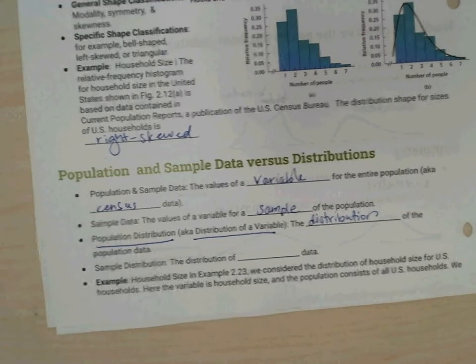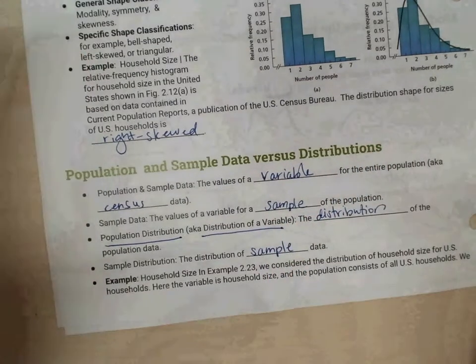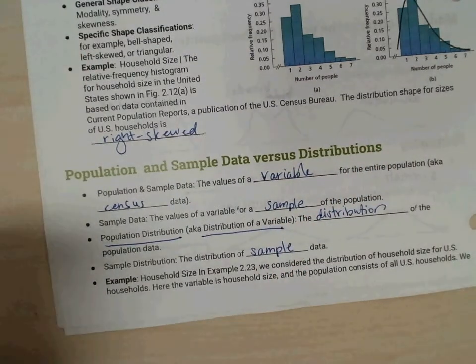Sample distribution, last blank, the distribution of sample data. Does anyone feel that head spinning feeling of all of those words being used in a lot of different ways? Maybe you feel full clarity right now. That's good. Maybe I'm all by myself in that.